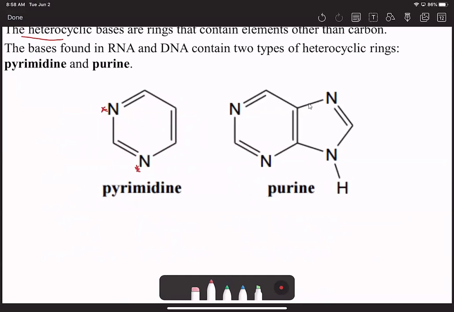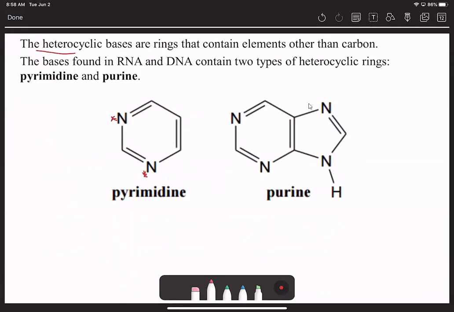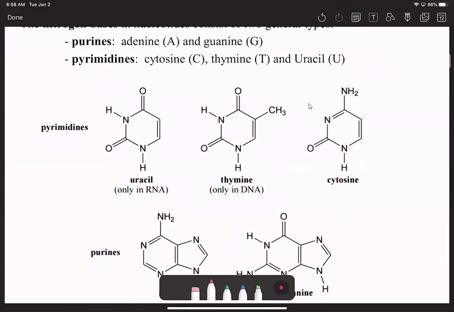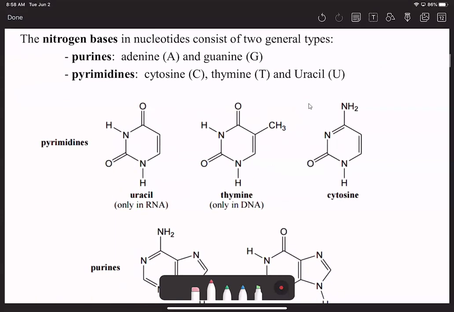It's a six-sided ring, but there are two different elements that make up the ring, making it what we call a heterocyclic ring. So pyrimidines are just one heterocyclic ring, and purines are two heterocyclic rings.